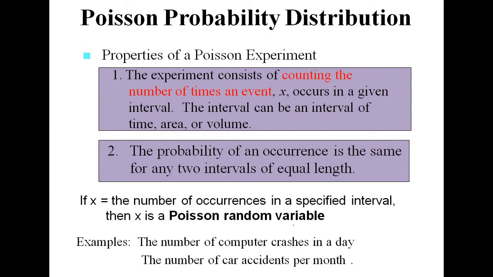We have to count the number of times in an event, which is 1 month, how many? And for the first example, in a day, how many? And the keyword for the Poisson distribution is average.